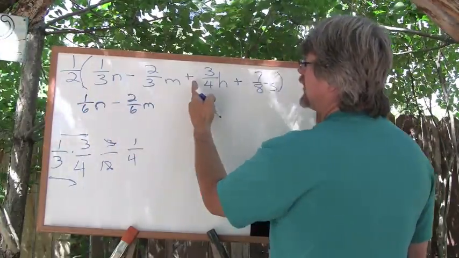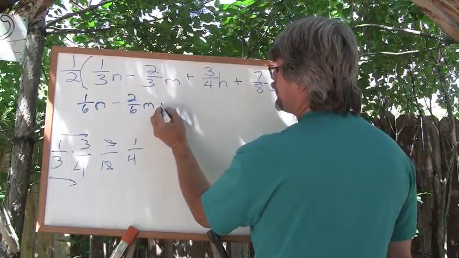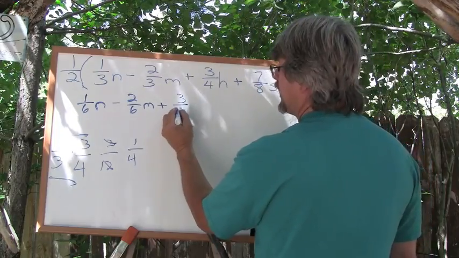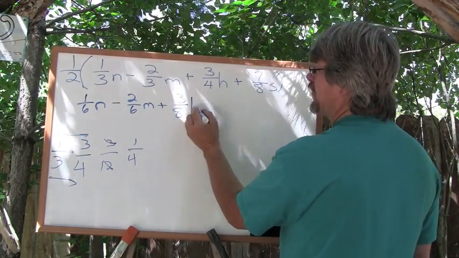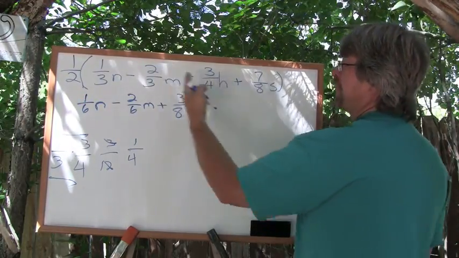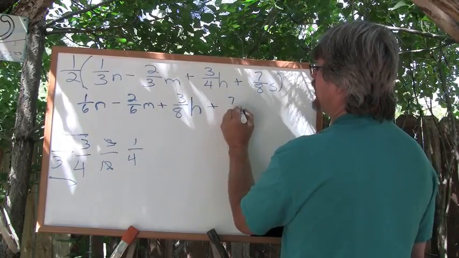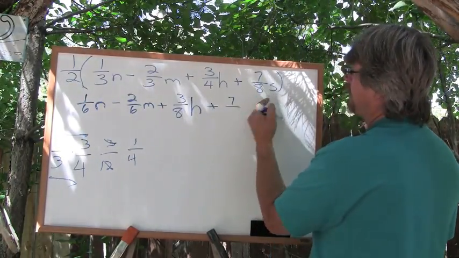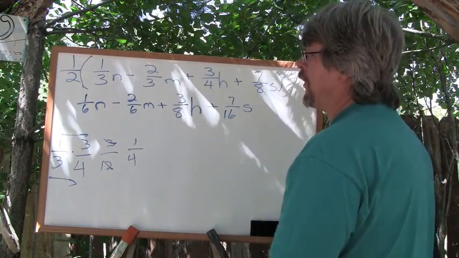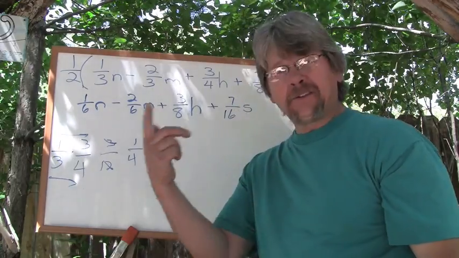What's 1/2 times 3/4? 1 times 3 is 3. 2 times 4 is 8, and we've got the h variable. What is 1/2 times 7/8 s? 1 times 7 is 7. 2 times 8 is 16, and we carry along our s. So the answer to this long, hairy fractional situation is really simple.